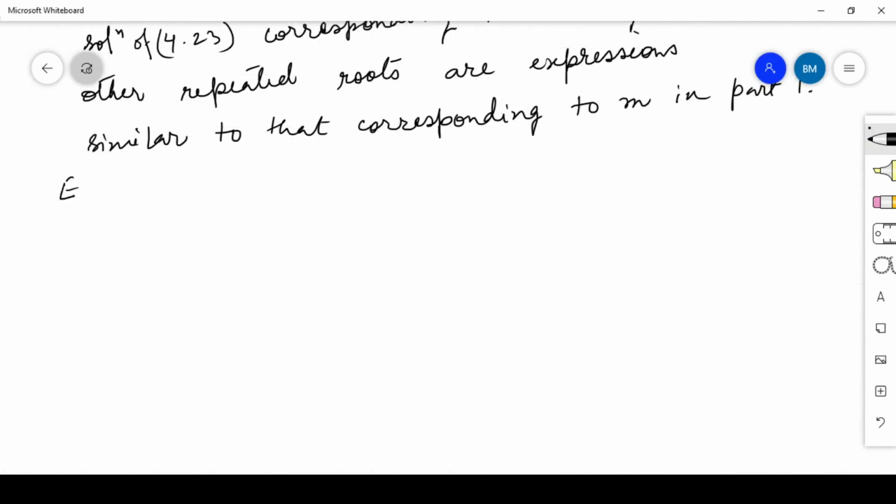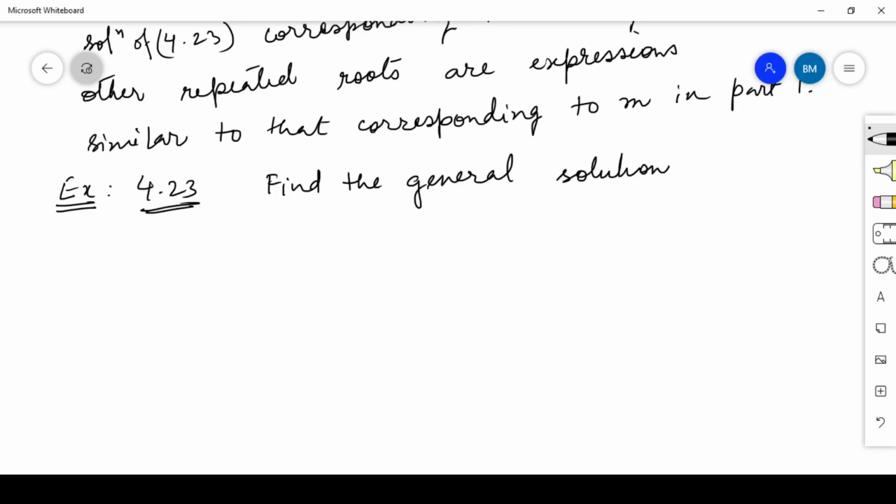understand. Example 4.23. Find the general solution of y triple prime minus 4y double prime minus 3y prime plus 18y is equal to 0.